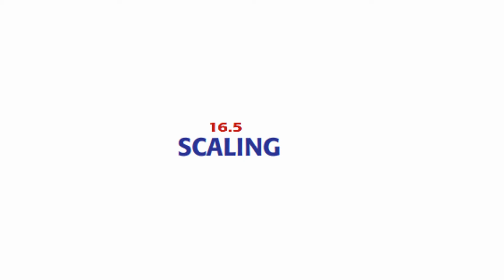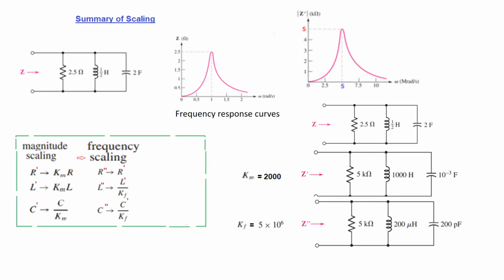Now before we go on to the actual question, let's just revise the parameters of scaling. I'll just summarize. Let's say this is the circuit that we got, and this circuit has the frequency response curve here.